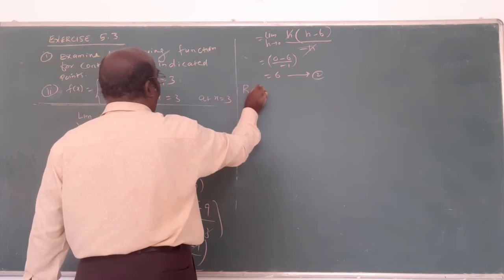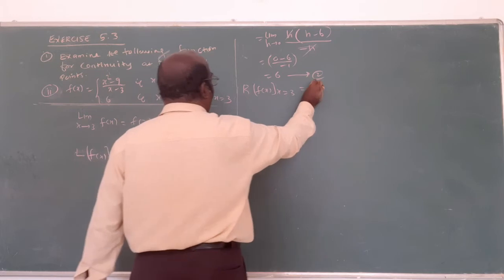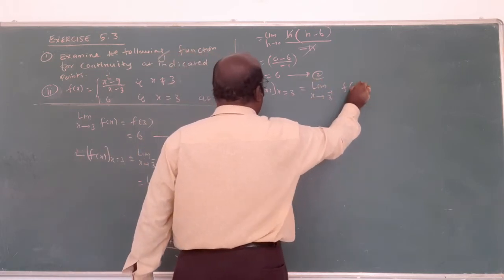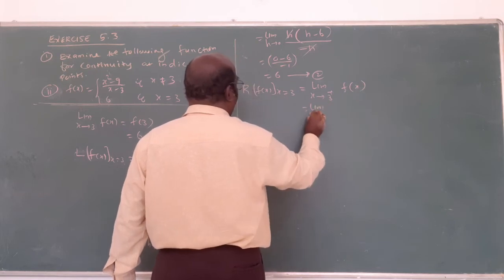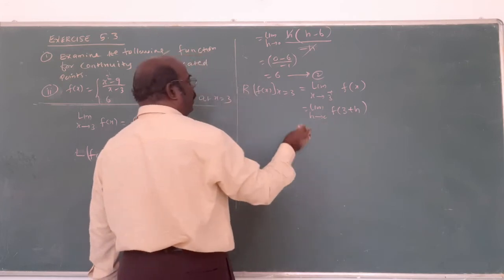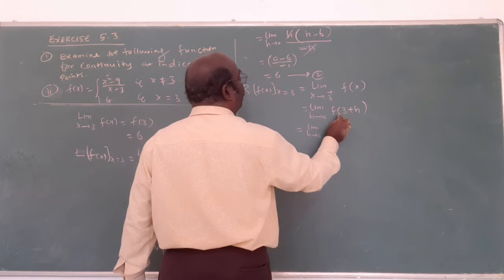Similarly, the right limit of f of x at x equal to 3 equals limit x tends to 3 plus of f of x. That is limit h tends to 0 of f of 3 plus x. Now the same thing, replace x by 3 plus x.